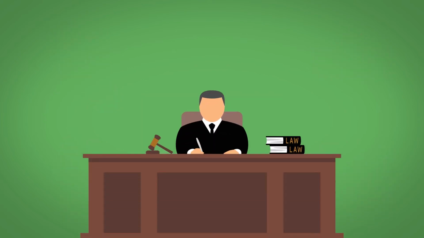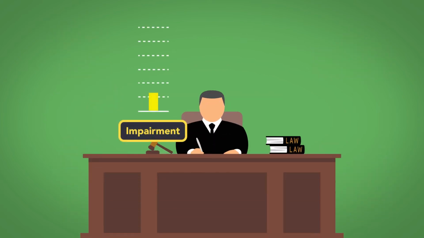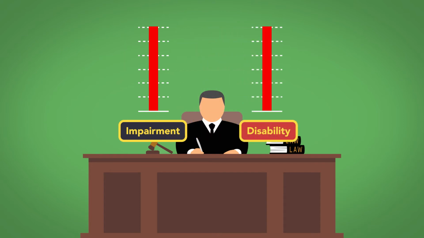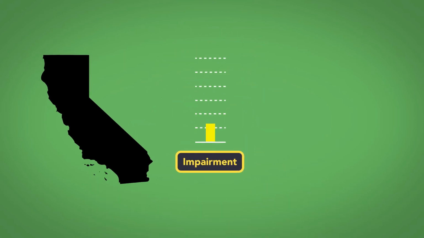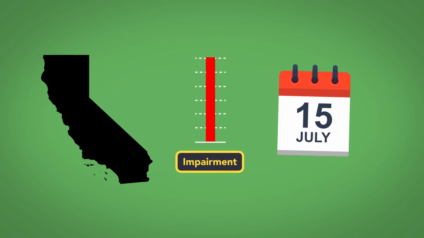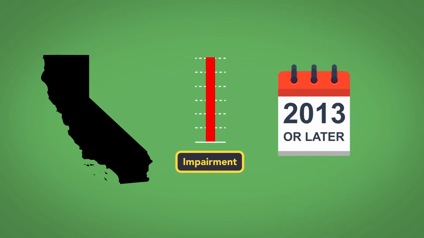Some states specifically limit the amount by which a judge can increase an impairment rating to arrive at a disability rating. For example, California law outlines limits on how much an impairment rating can be enhanced based upon the date of the injury. For injuries occurring in 2013 or later, the allowed adjustment factor is a 1.4.